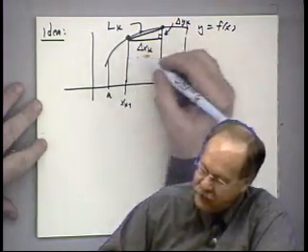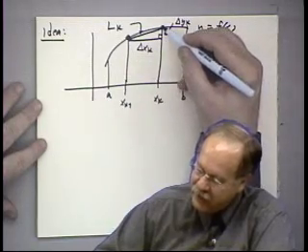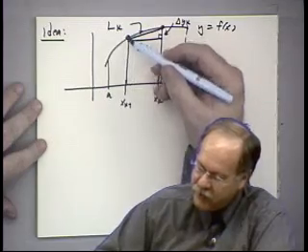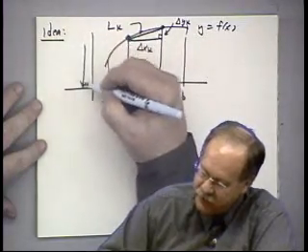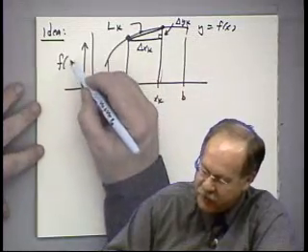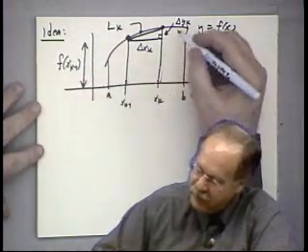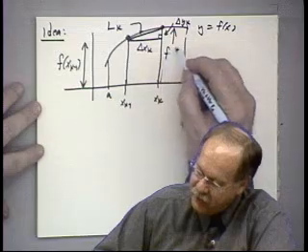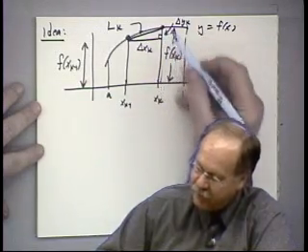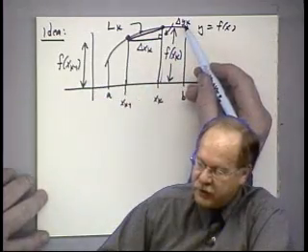Now, what is that? That's going to be the difference between the height up to the top part and the height up to this first point over here. So this height here would be f of x sub k minus 1, and this height here would be f of x sub k, because x sub k is the point below here. And the difference of those two will be delta y sub k.